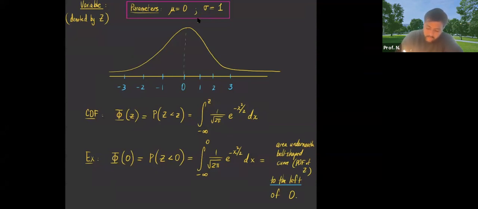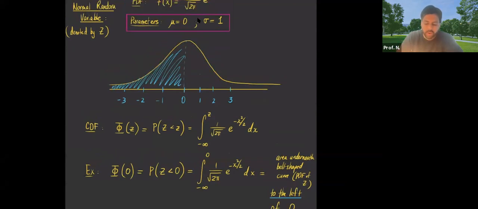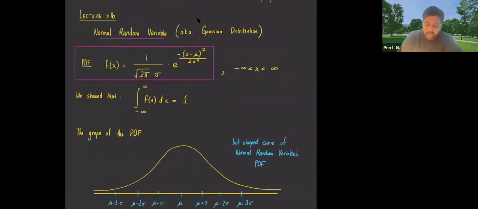Now, how do you know that? How do you know that this area here is a half? Well, we proved already that the area underneath the entire curve is 1. That's right, Alexandra. The whole thing is 1. And that's for every normal random variable. It doesn't have to be just standard. Every normal random variable, we proved it already. We showed that when we take the integral here, it is 1. What does this mean?